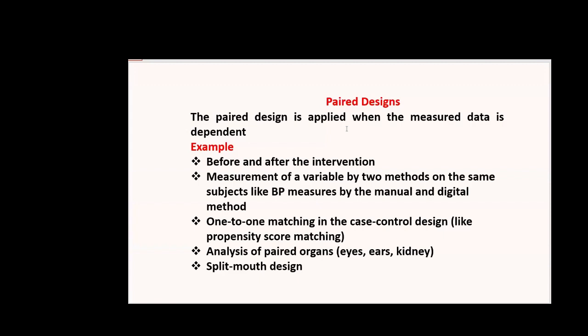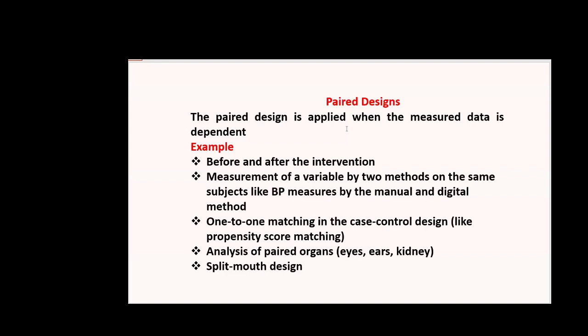Another design is the split mouth design. We use the split mouth design in dentistry, where we divide the mouth into 4 parts: upper jaw, lower jaw, right jaw, or left jaw. In that case, we give one treatment to the left jaw and a different treatment to the right jaw, and then you compare whether there is a significant difference or not.